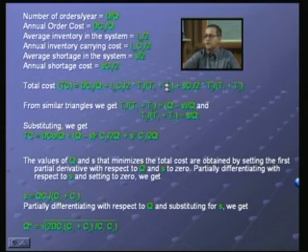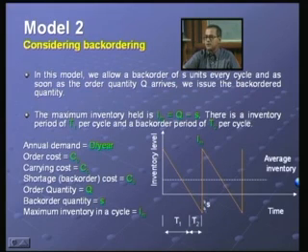Similarly, if we look at the second part of the cycle, that is the back order part, the total quantity shortage or back ordered is the area of this triangle, which is half into T2 into S. So this quantity is for the entire period T1 plus T2.